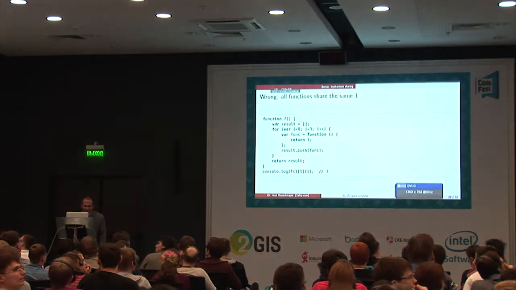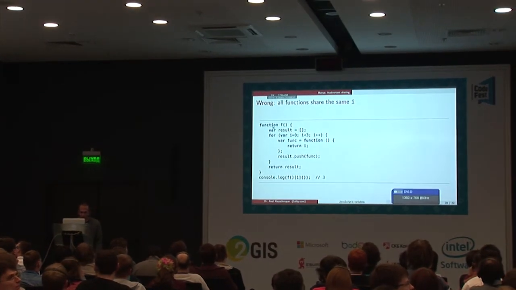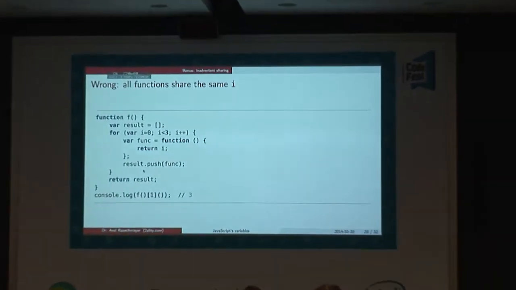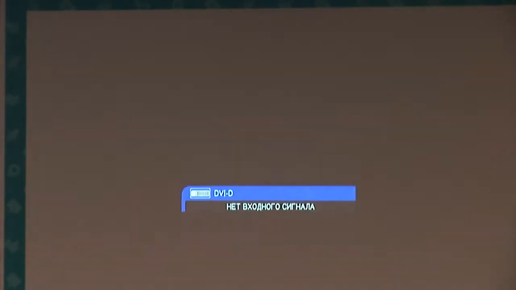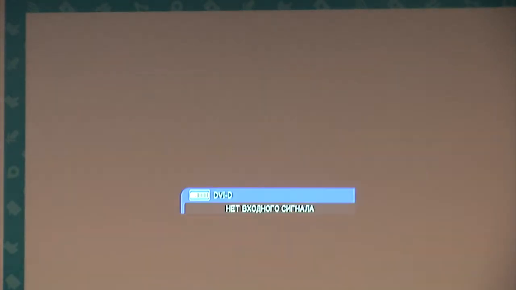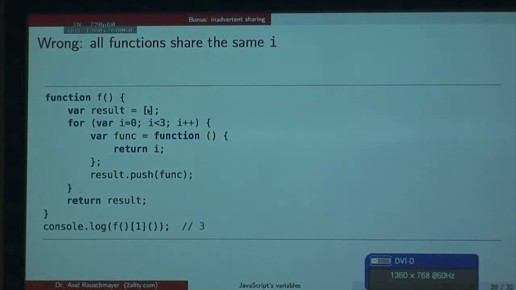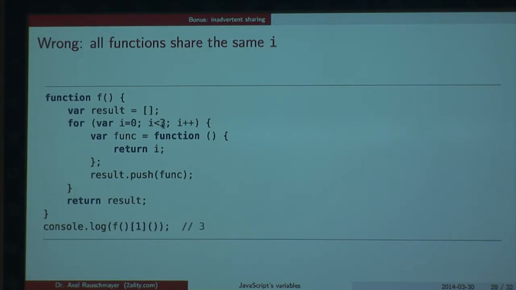One more phenomenon. If you look at this function here, this code does not work as expected. So what we have is an empty array. We start a for loop and count from 0 to 3.